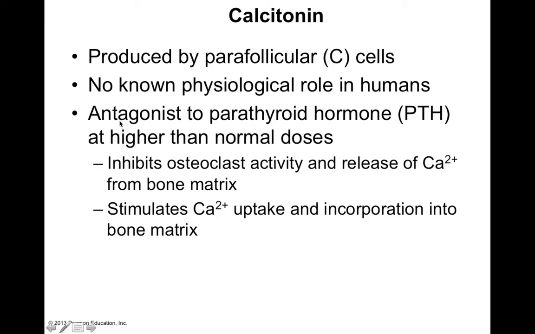And studies have actually found that at higher than normal doses, calcitonin will inhibit osteoclast activity and help promote the incorporation of calcium into the bony matrix, so that calcitonin will help decrease blood calcium concentration at very high doses.